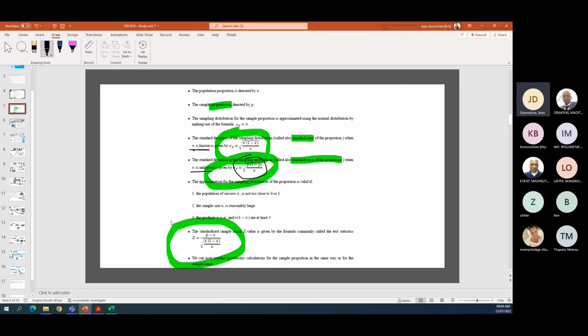So go back to this one. Standard deviation, called that. So they give us P. So let's quickly see.